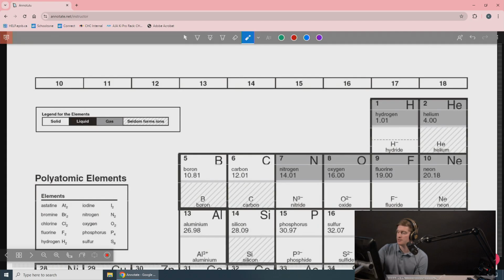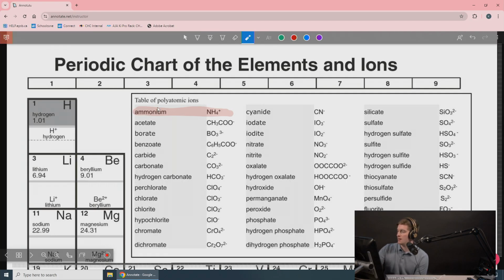If I flip to my table of polyatomic ions, I will search through and try and find hydroxide. It's somewhat alphabetical, but not completely. Might take you a little second to find it, but hydroxide is in the second column, about in the middle, and it is OH minus.